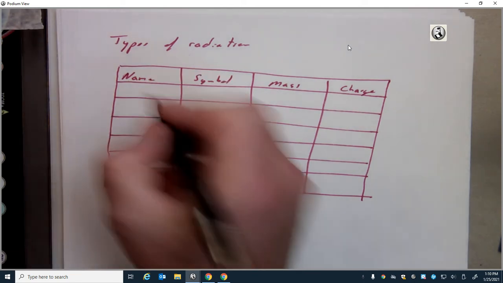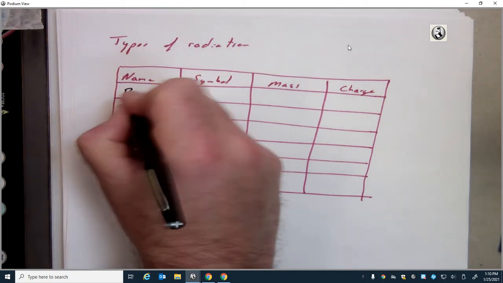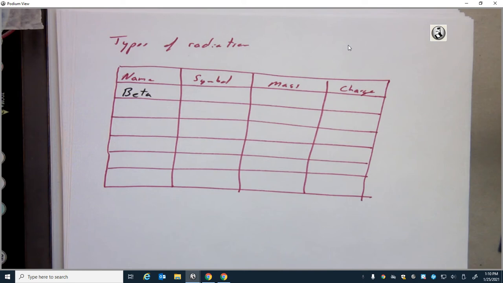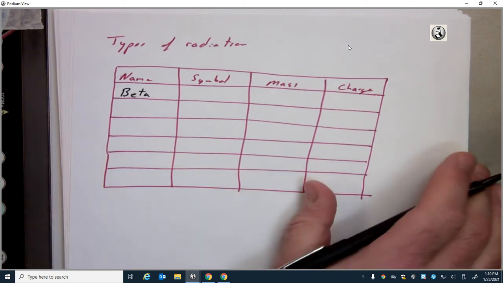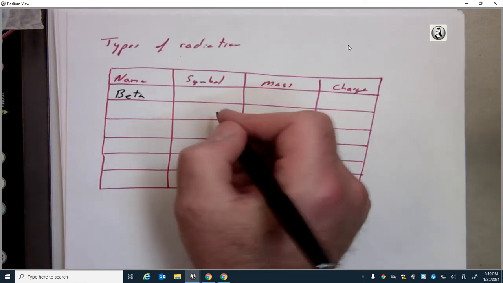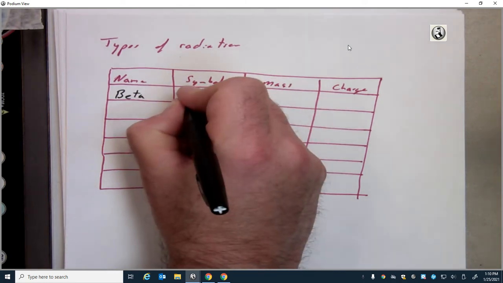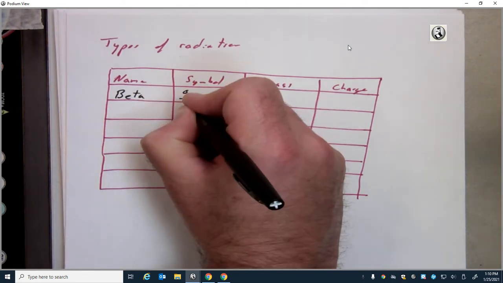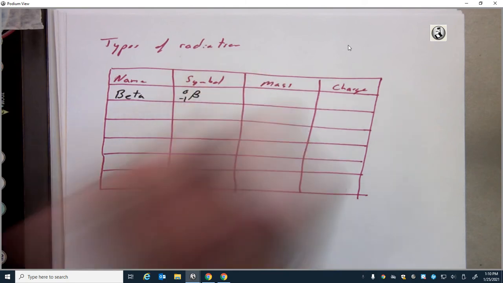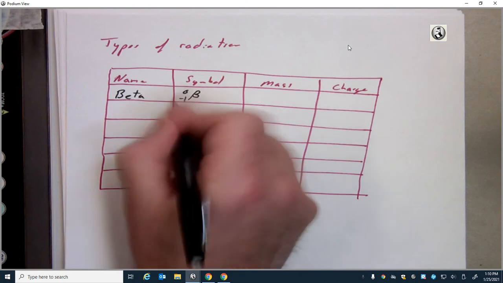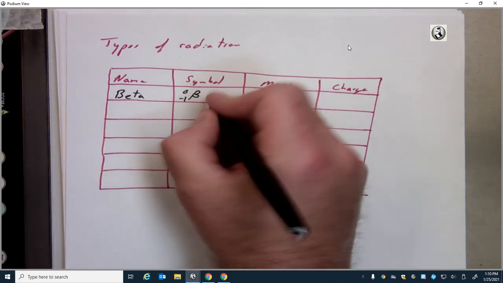All right, let's start with beta particles. Beta radiation has the symbol 0, -1 with the Greek letter beta, kind of like a B with a tail. We generally don't use that very often.